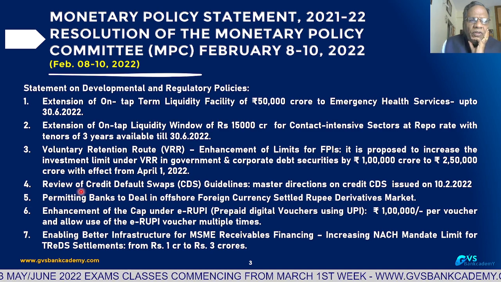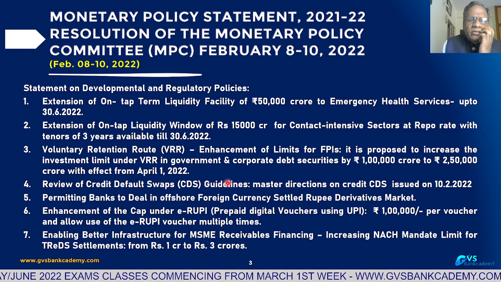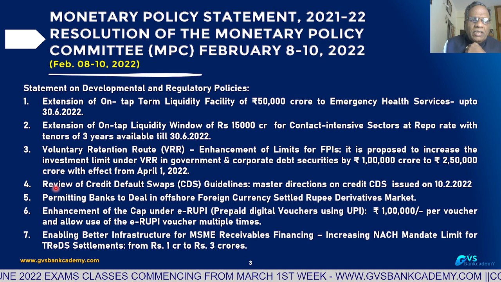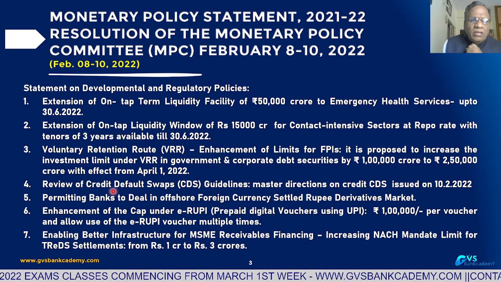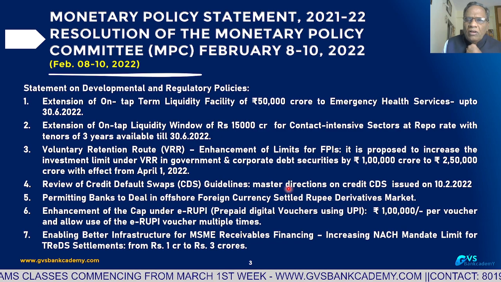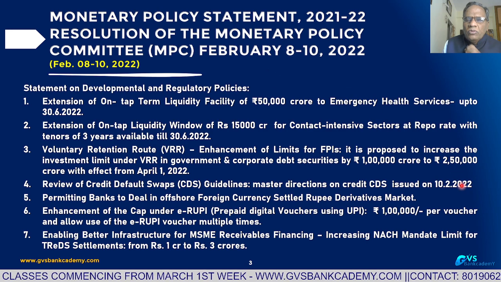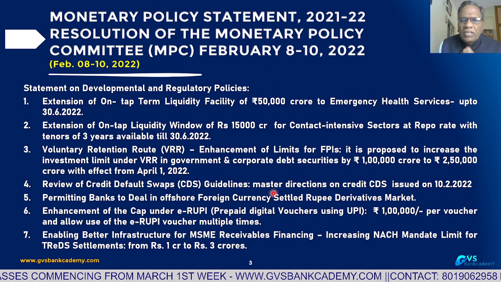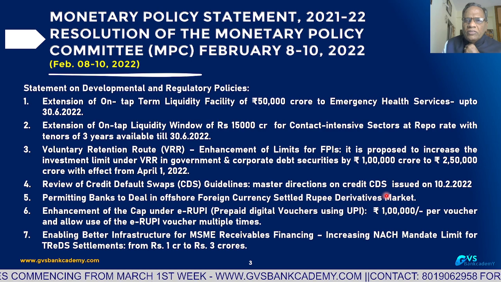Now, review of credit default swaps guidelines. It is long pending. Now RBI has reviewed and issued the credit default swaps guidelines on the same day, that is 10th February 2022. They have issued master directions on credit default swaps.